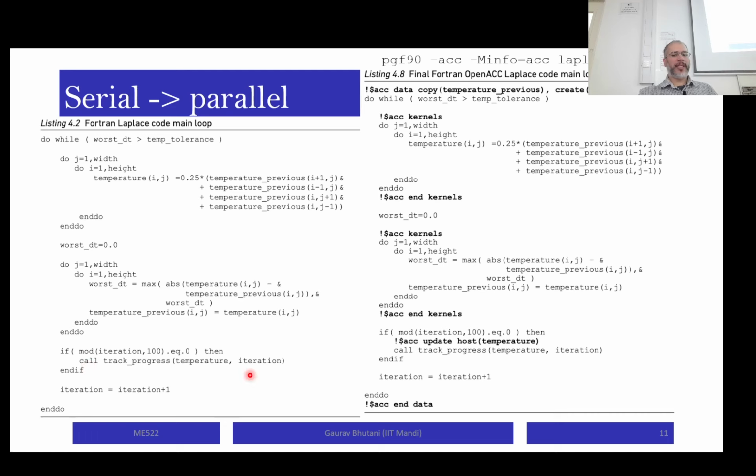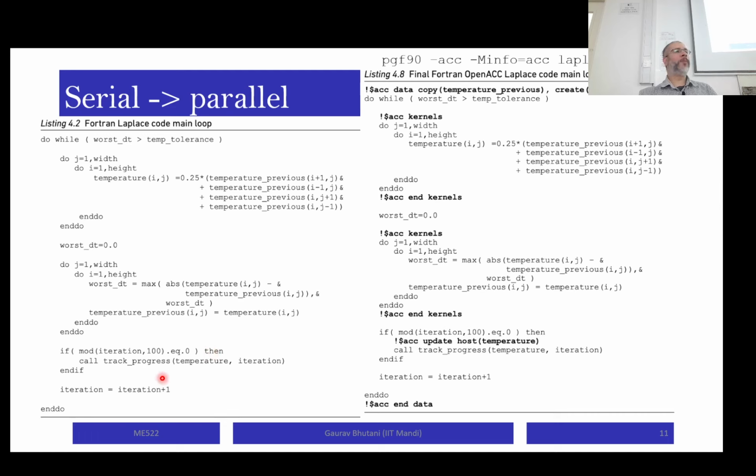But what happens is that this temperature matrix is sitting on the device, on the GPU memory, and this subroutine track progress is being called by the host or the CPU. So, if you call it, now temperature, which may have a copy on the host as well, is empty. When you run the code, the temperature matrix on the GPU memory is getting updated.